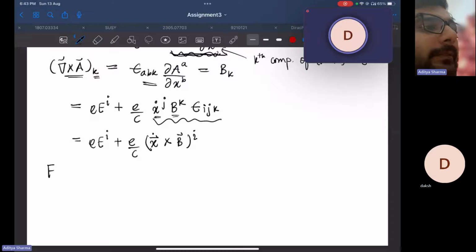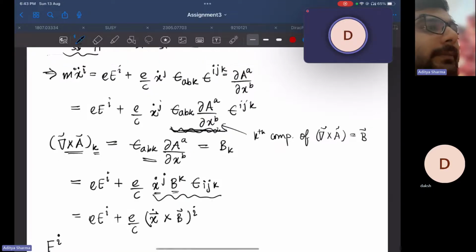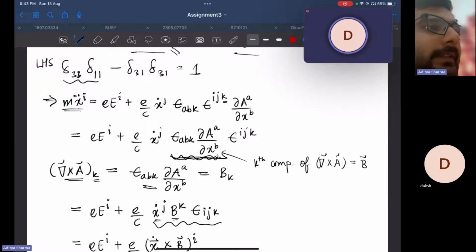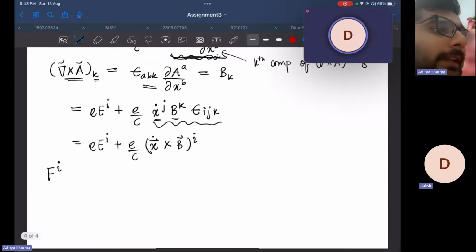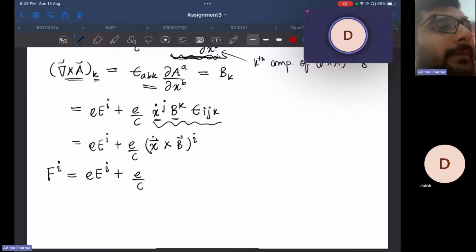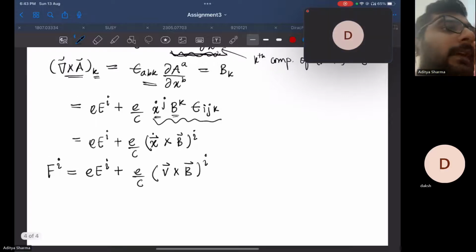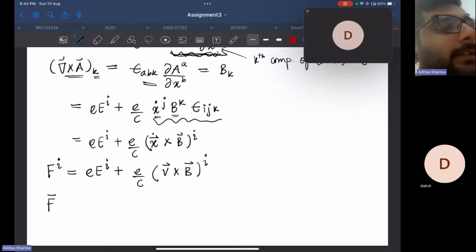So we get force, which is this part, m x double dot i, in the ith direction, is equal to electric field E in that direction plus e by c into velocity of the particle cross B in that direction. Now taking all the components and writing this equation in vector form, we have this equation.